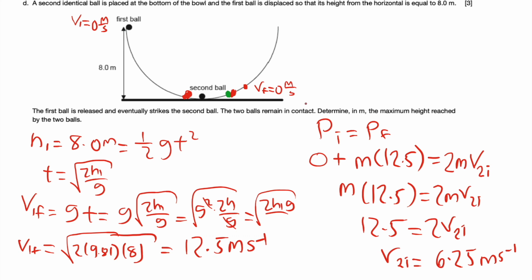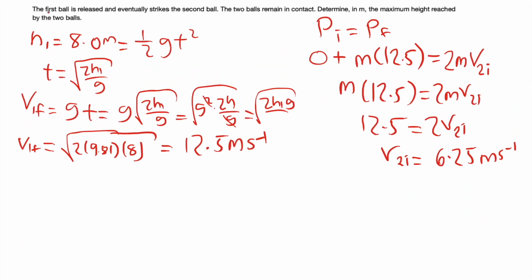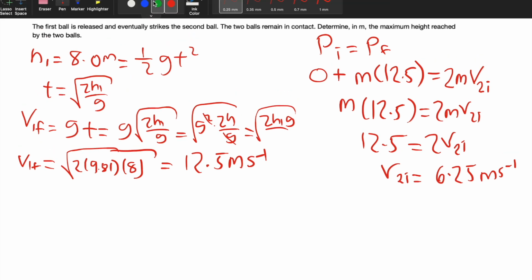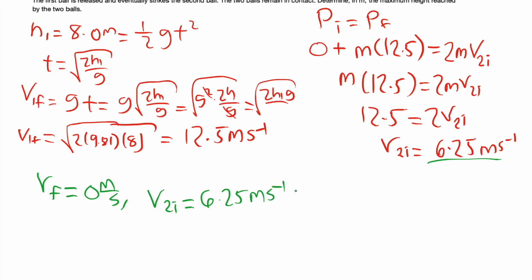So how do we find the height? We know they have a final velocity of 0, and we now know their initial velocity is this, and we want to find their maximum height.